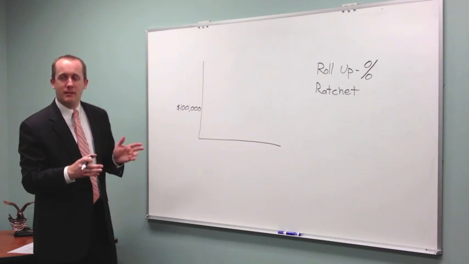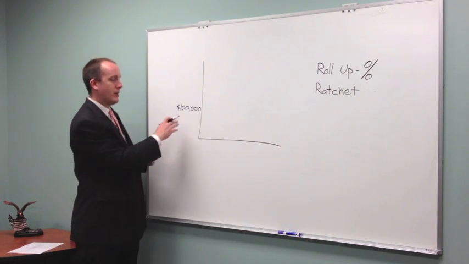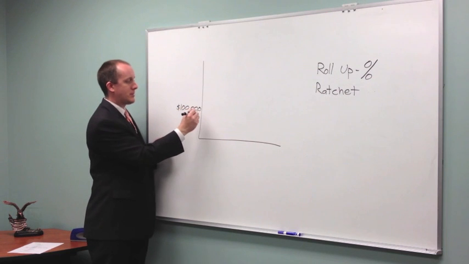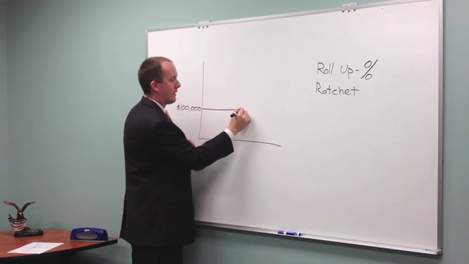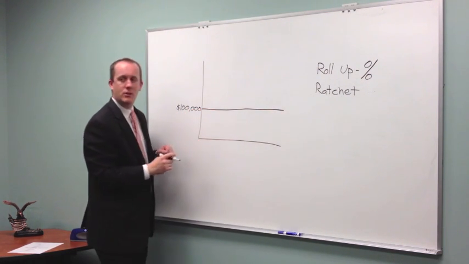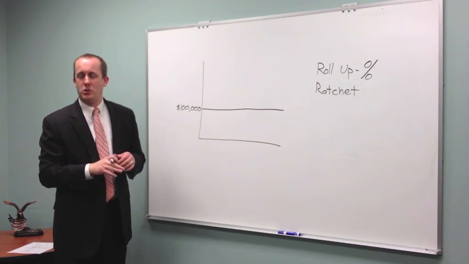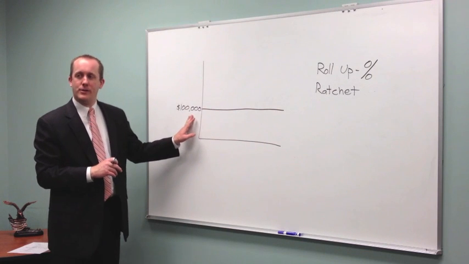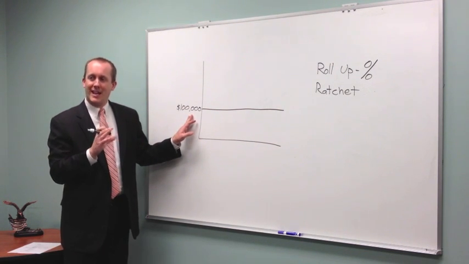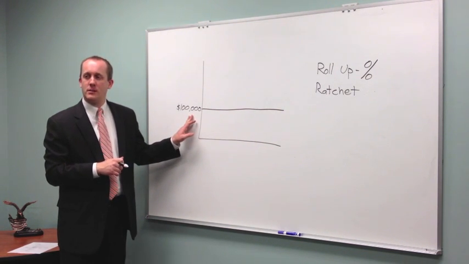This benefit can simply be illustrated like this. $100,000 initial investment, assuming no withdrawals come out of the account, and that's very important, that $100,000 is guaranteed for the beneficiaries no matter what the underlying performance of the investments are.